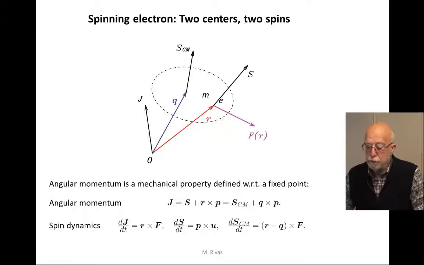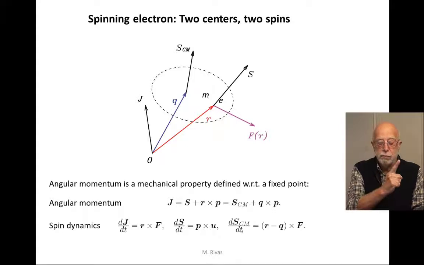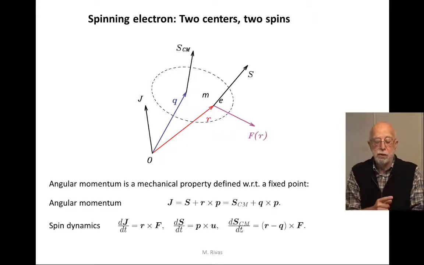But if the electron is free, F is 0, this is 0, and this is 0, so J and S_CM are conserved. For a free electron, the center of mass spin is a constant vector. It is pointing in the same direction. It's not modified through this free motion.